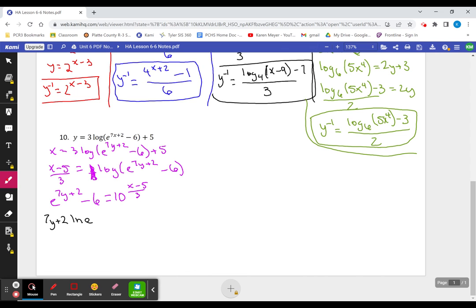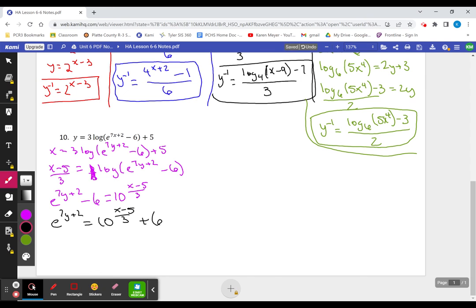Oh, hold on. Sorry. Back up. I skipped a step. I just now happened to notice, whoopsie, e is not by itself. So if e is not by itself, I should get rid of that minus 6 first. So I'm going to do e raised to the 7y plus 2. Let's add the 6 over. So when I add the 6 over, I have plus 6.